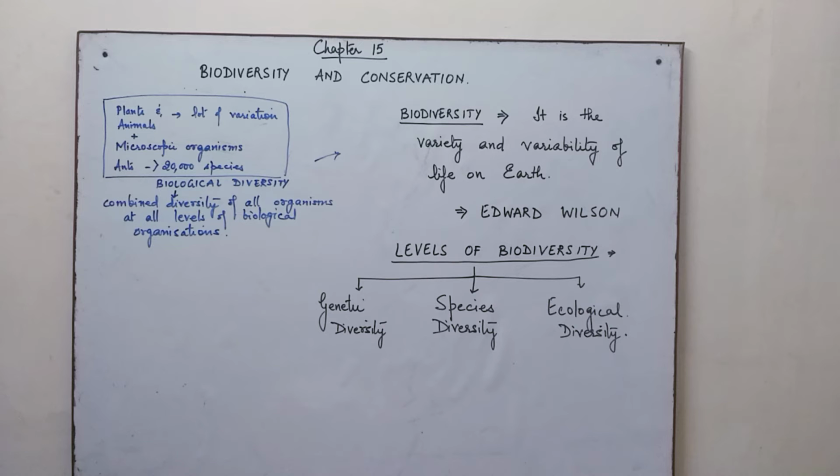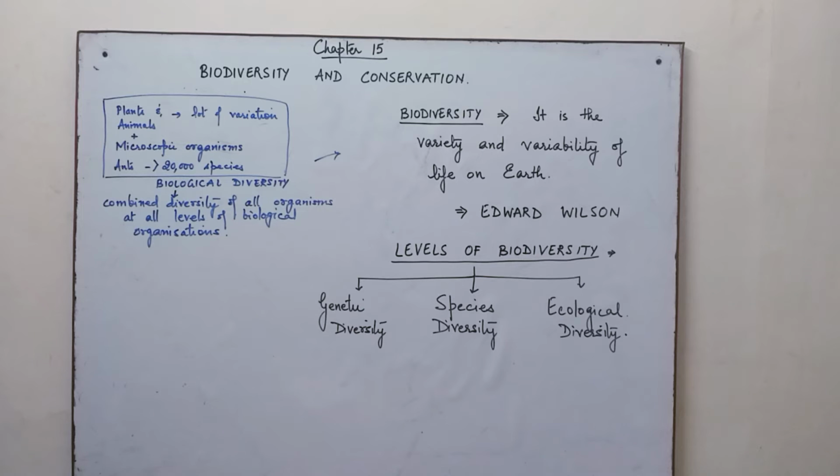Now, there are various interesting facts about biodiversity. In spite of so many studies going on for the past several years, we have been able to identify only 1.7 to 1.8 million organisms, which is less than 15% of the total organisms found on this planet.